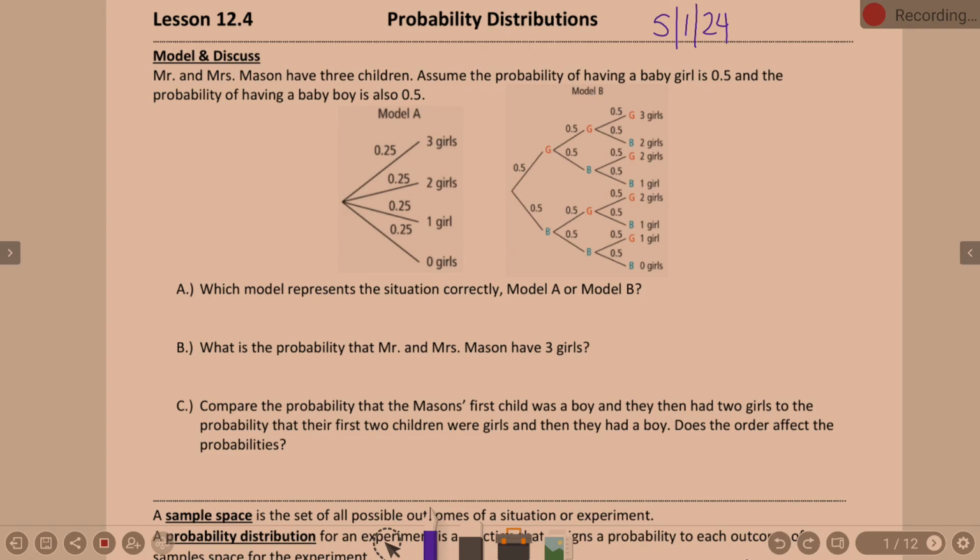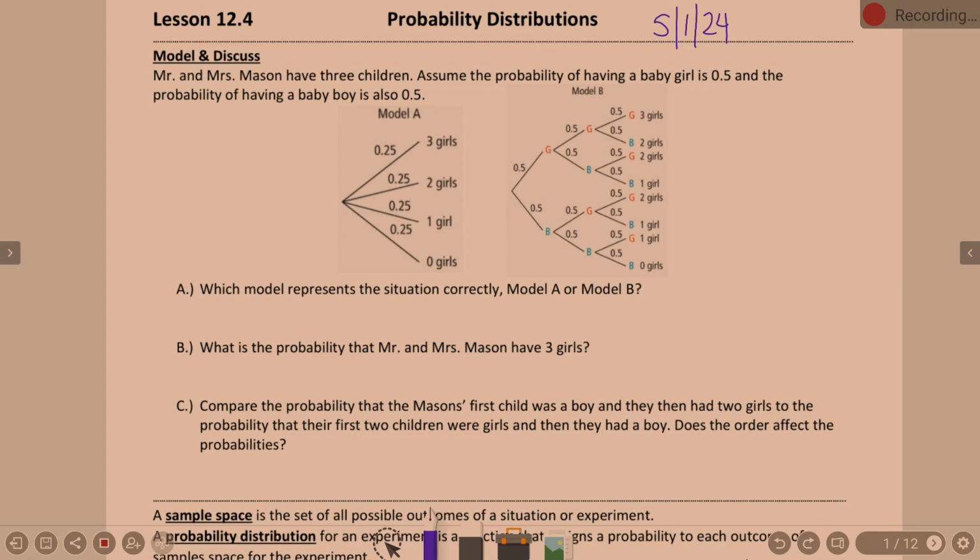Let's say B, because it has boys and girls. Okay. And what's this one showing? This model A is showing it's equally likely to have no girls, 1 girl, 2 girls, 3 girls. Is it equally likely to have those various combinations? Probably not. What's happening here?